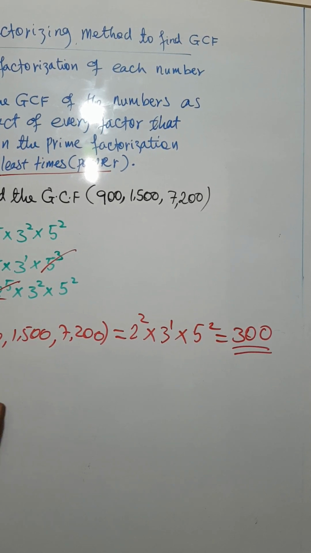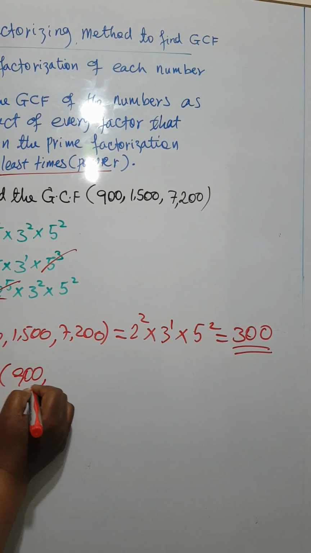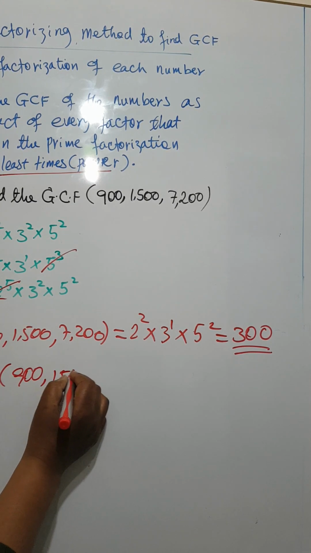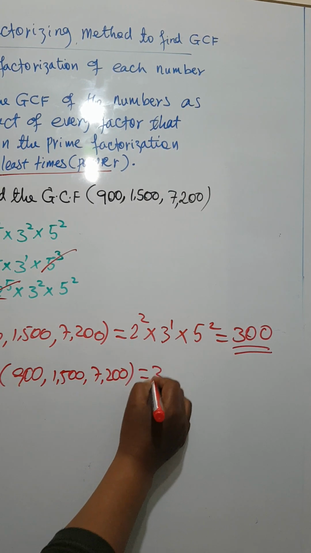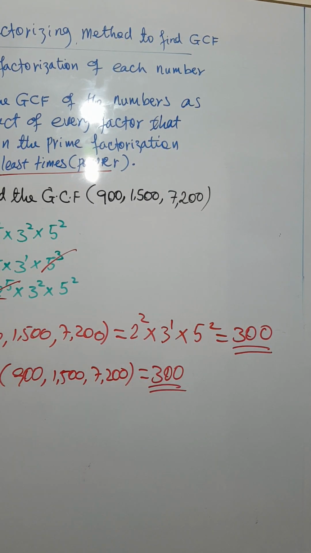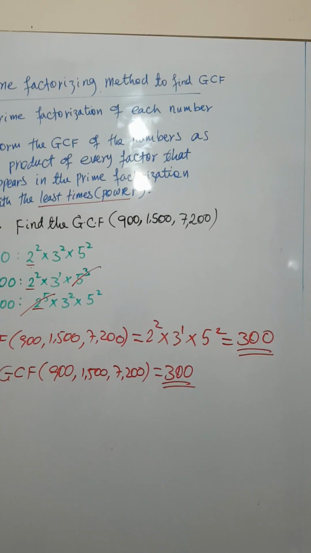So the GCF of these numbers, 900, 1,500, and 7,200, is simply 300. This is the greatest common factor. So using this method, and by knowing how to find the LCM, it's possible to relate the numbers whose GCF and LCM are calculated.